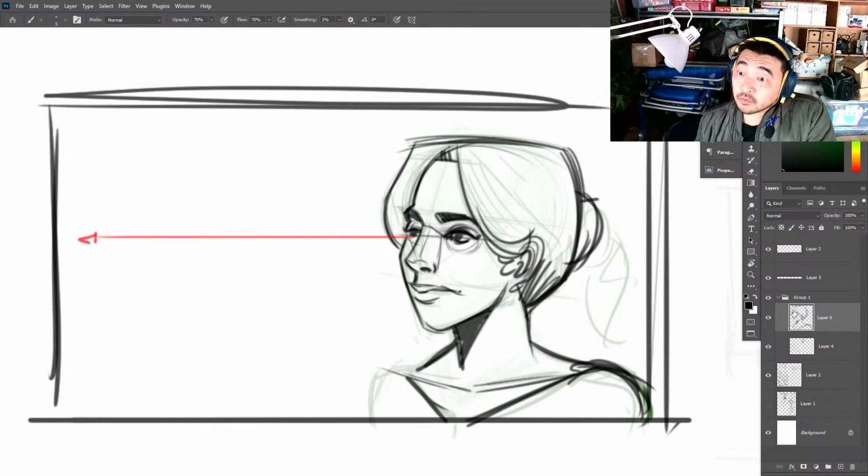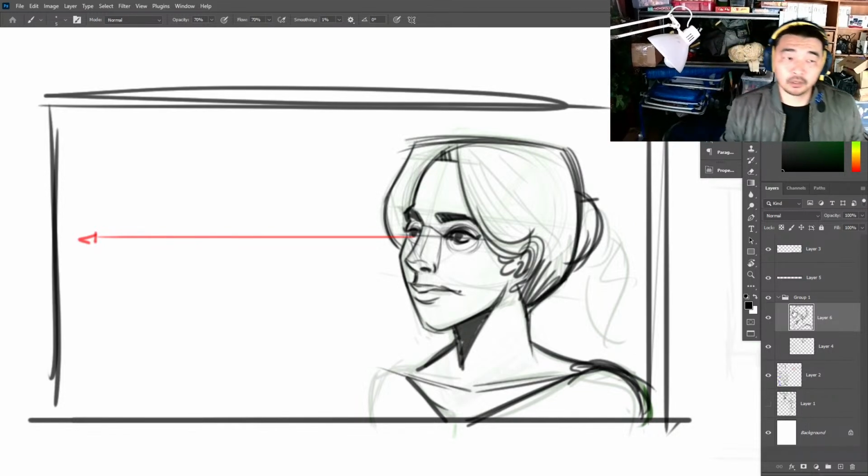It's so much faster for what I'm trying to do. It doesn't look as good, but most of the time you just need to block out the center of the laptop. My whole thing is it doesn't need to be pretty. You just gotta get the gist down so other people can do their work.